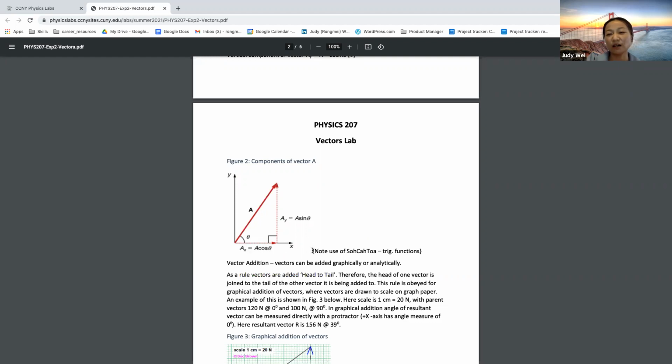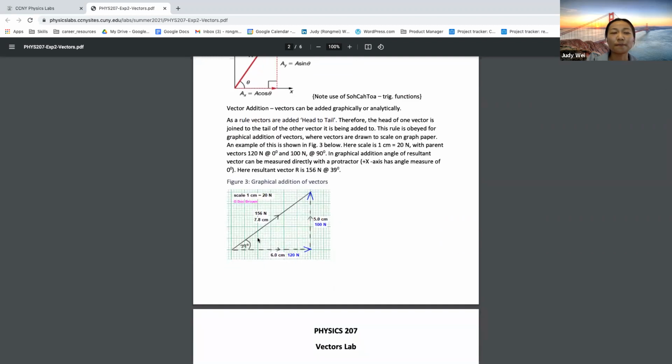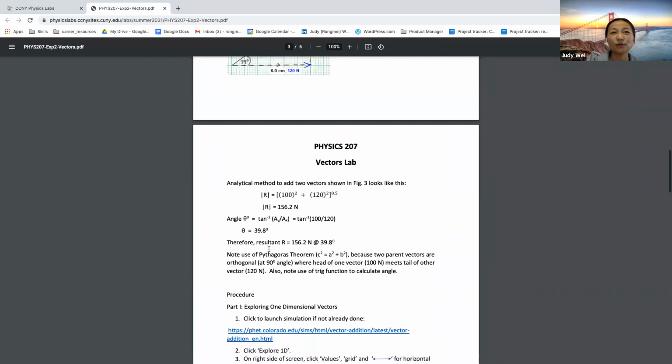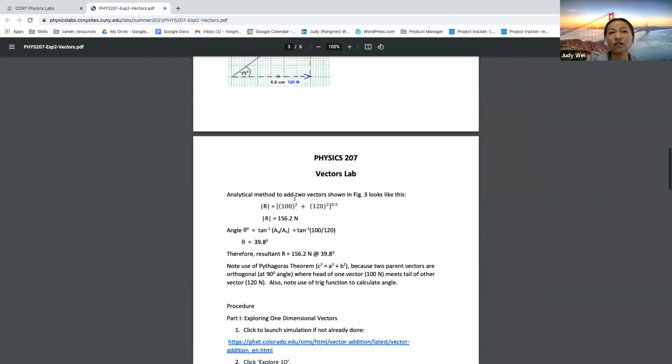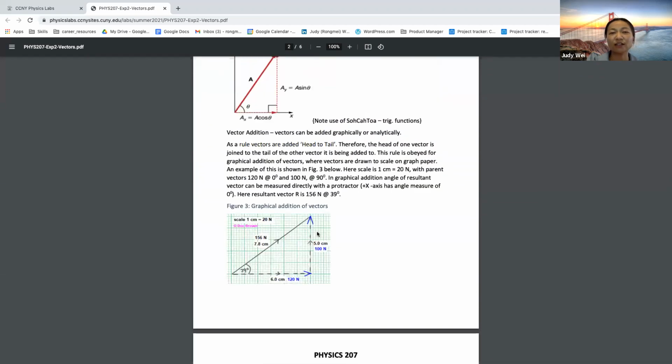This is the total X, the resultant. When you do the math, here's the equation you have to apply to your calculation. When we add two vectors together, it's called a resultant.